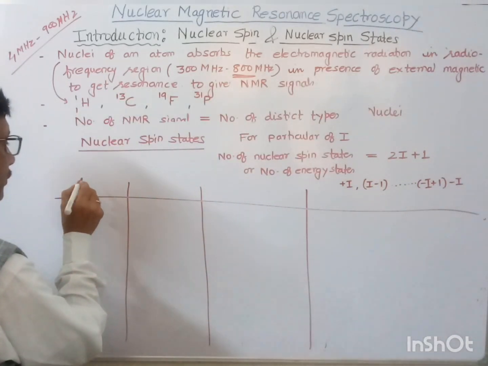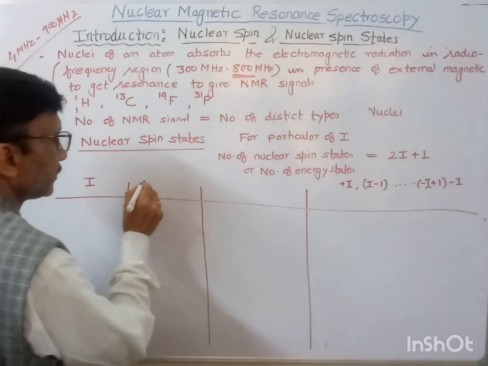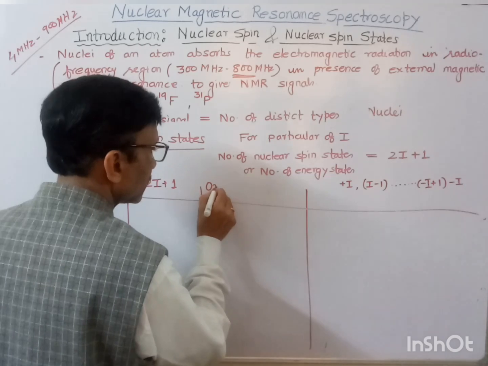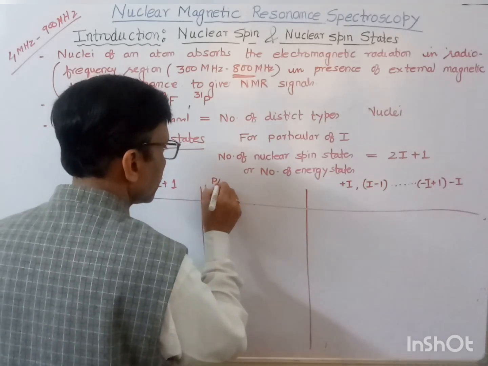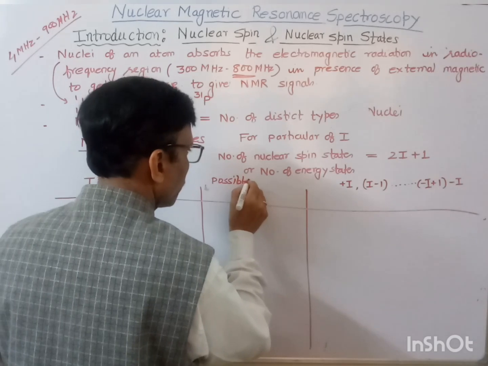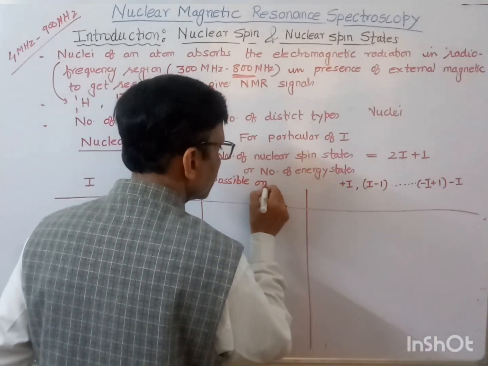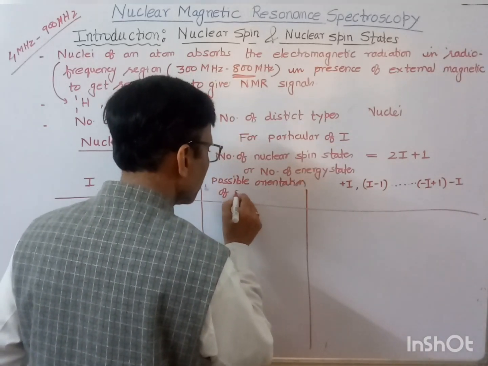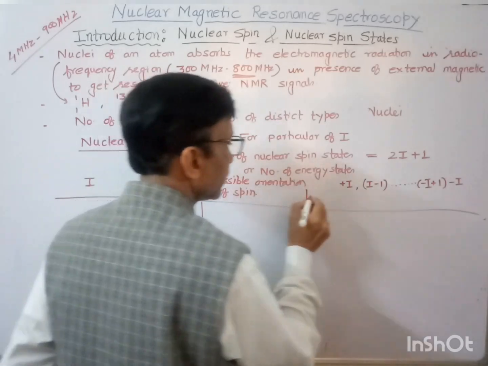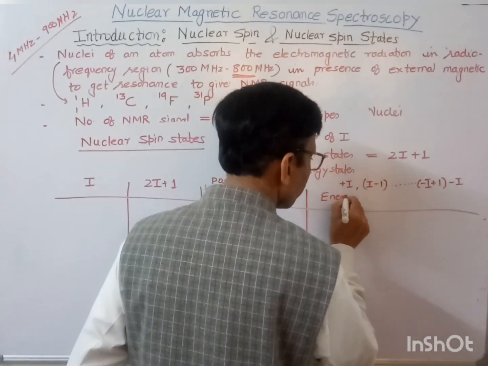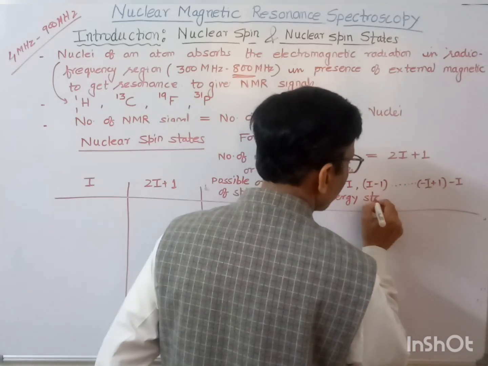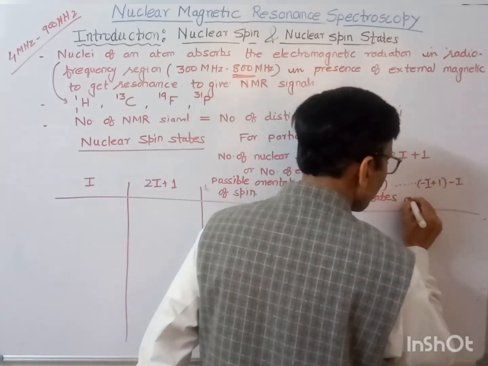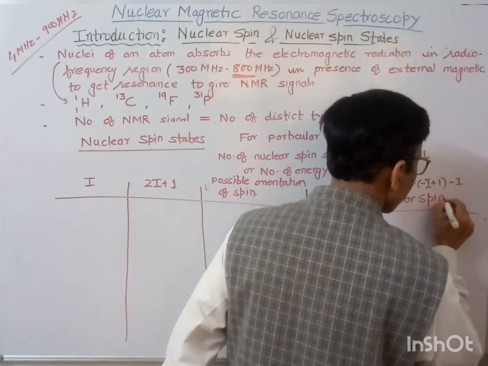Suppose this is the value of I, then the value of 2I plus 1, the possible orientation of spin, and then the energy states, or we can say the spin state or nuclear spin state.